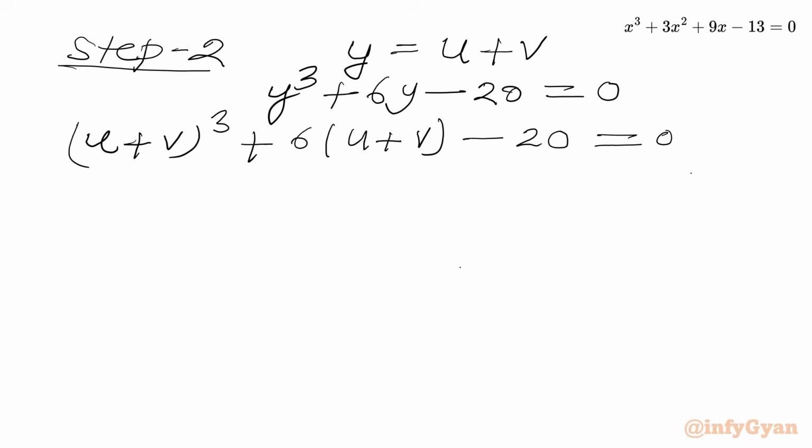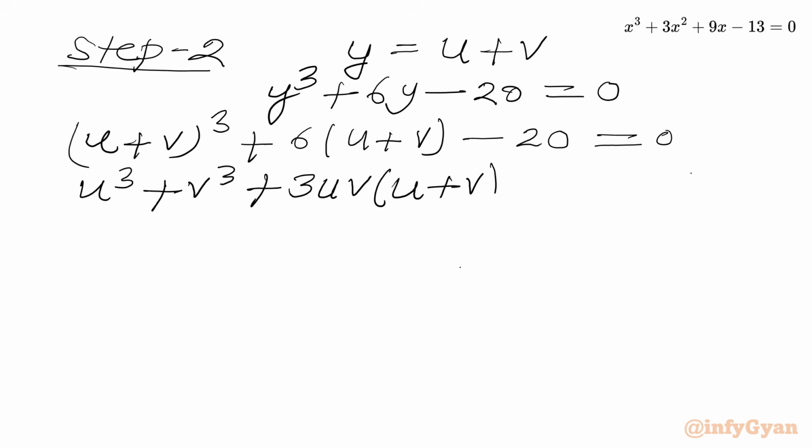Now we will expand u plus v whole cube. We will get u cube plus v cube plus 3uv times u plus v. Then we have 6 times u plus v minus 20 equal to 0.